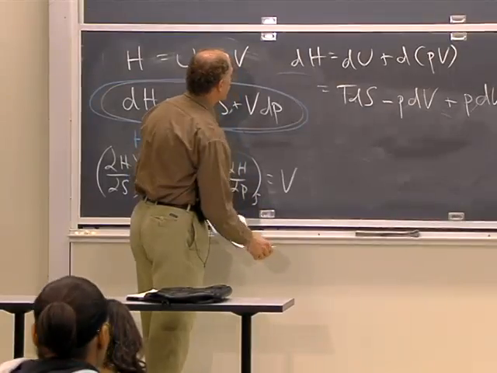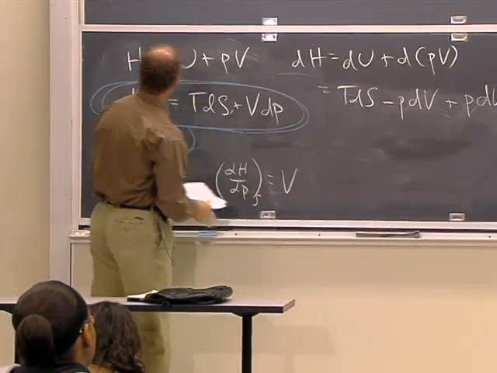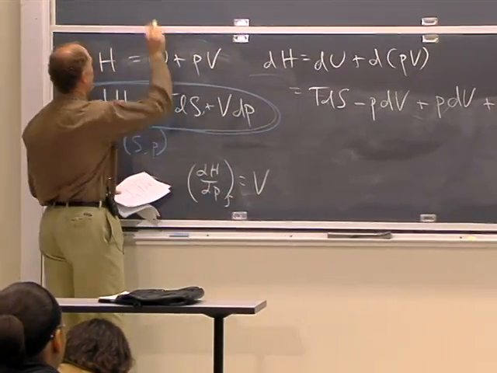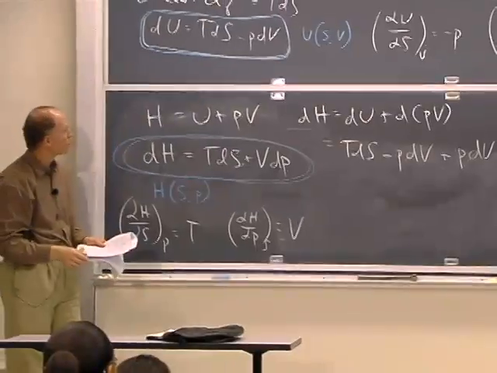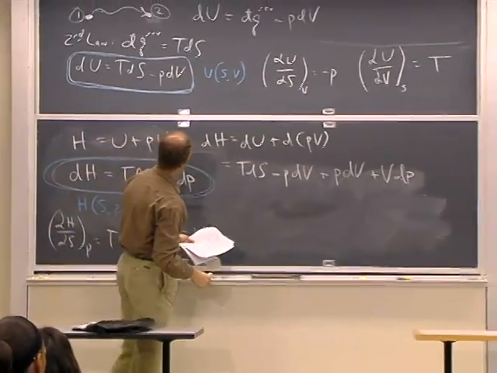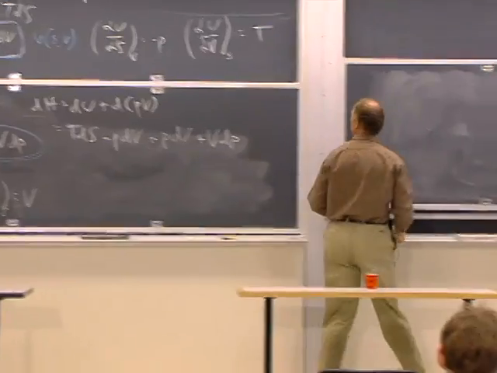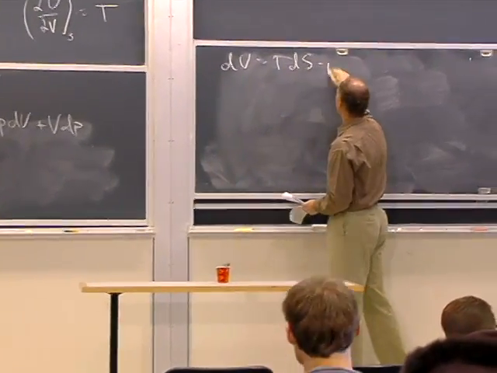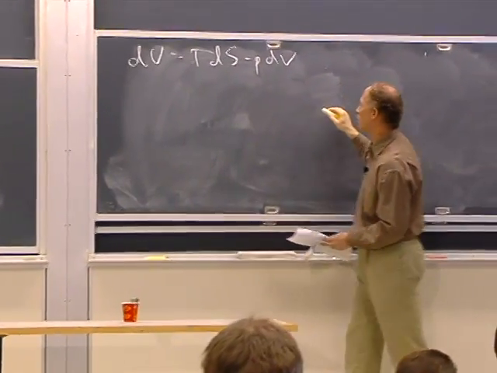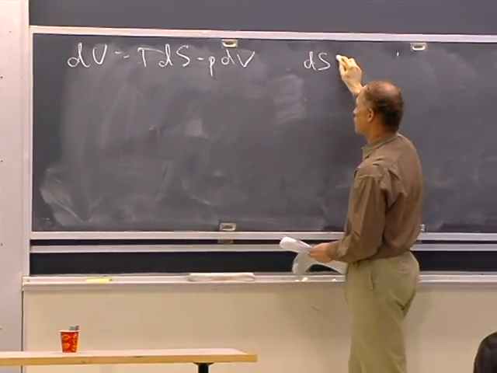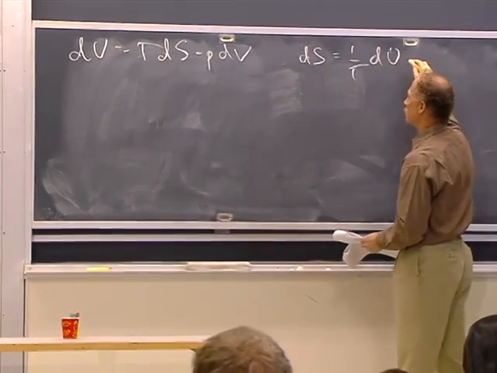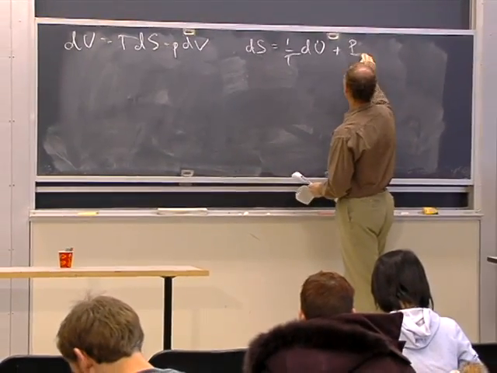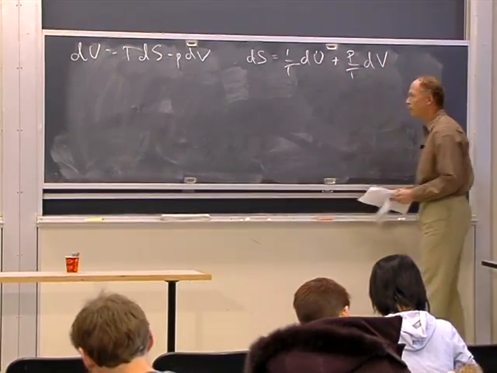We also can go from these expressions, using the chain rule, to particularly useful expressions for the entropy as a function of temperature. From dU is T dS minus p dV, we can rewrite this as dS is 1 over T dU plus p over T dV.